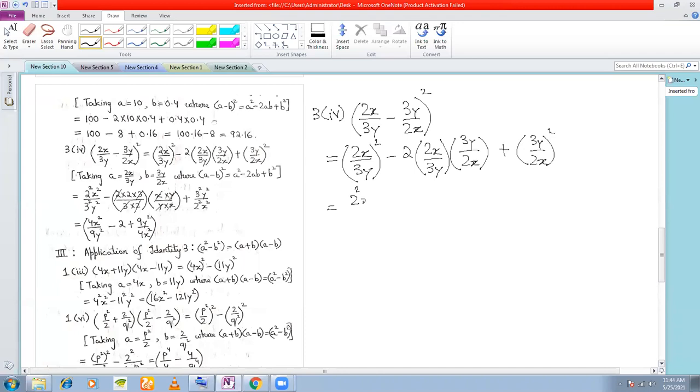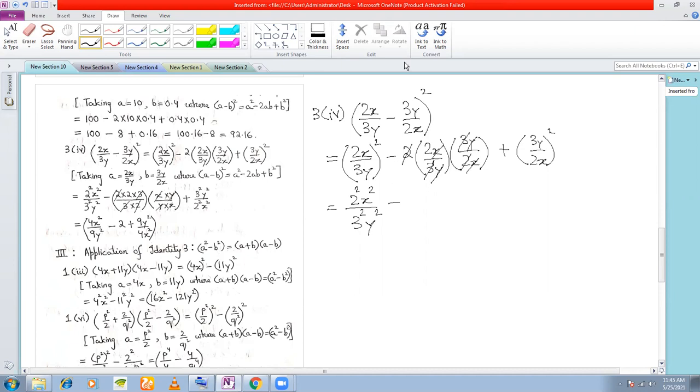So now this is 2 square x square by 3 square y square, minus, now here if you see, this 2 and this 2 will cancel, this 3 and this 3 will cancel, this x will cancel, y and y will cancel. So what are you left with?